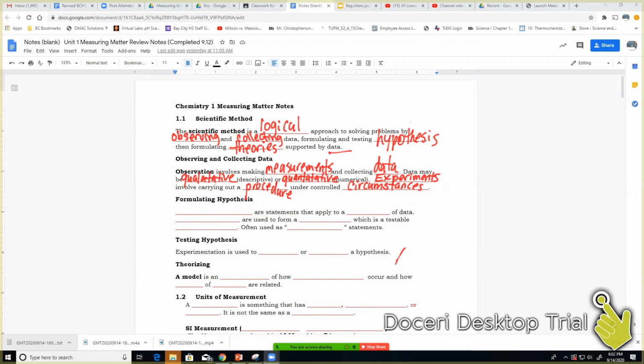So formulating a hypothesis, so generalizations, or statements that apply to a range of data.